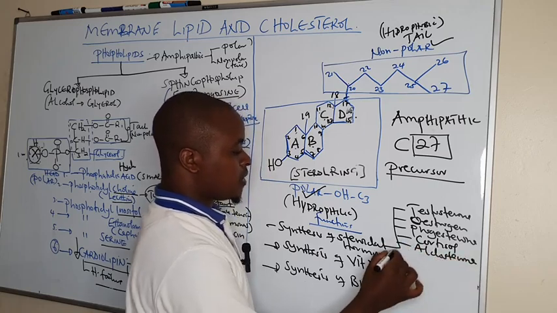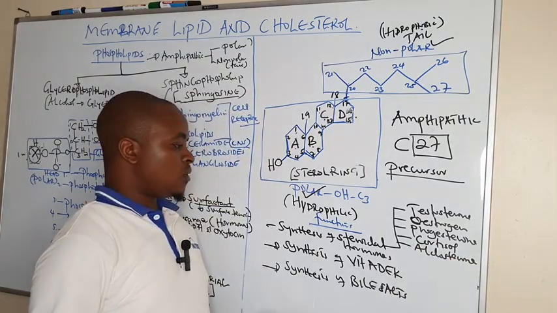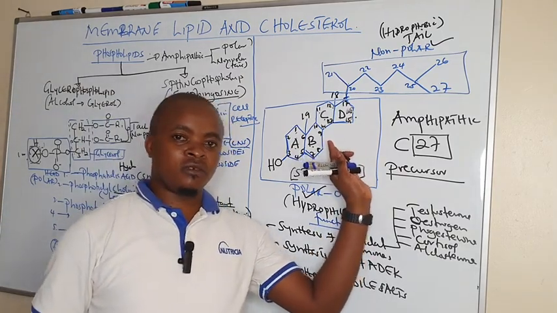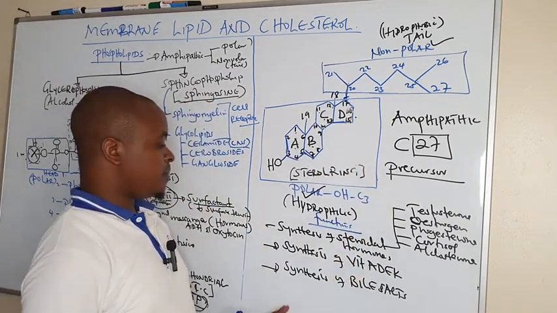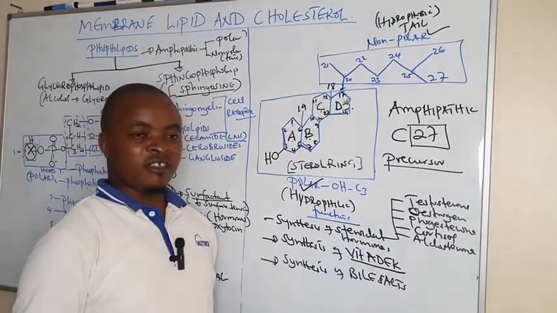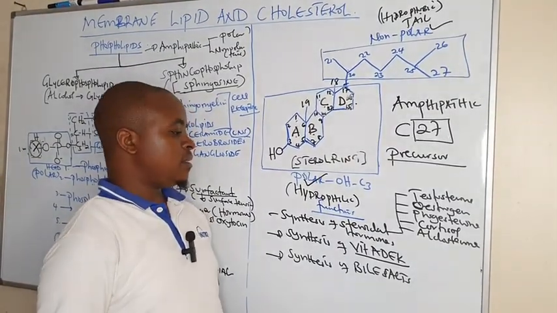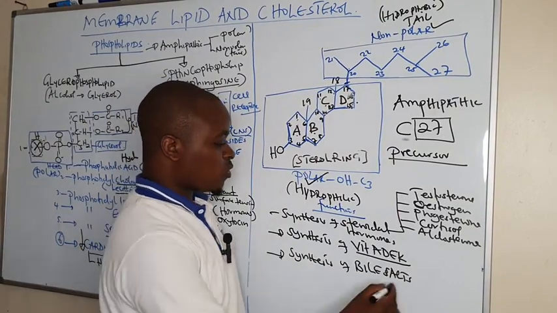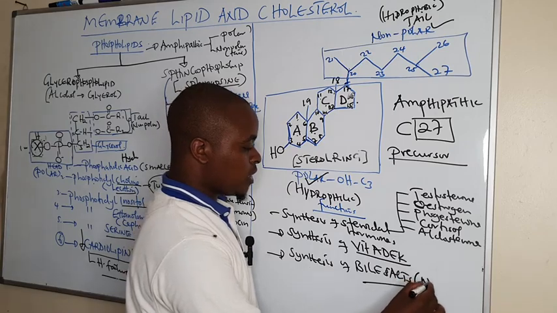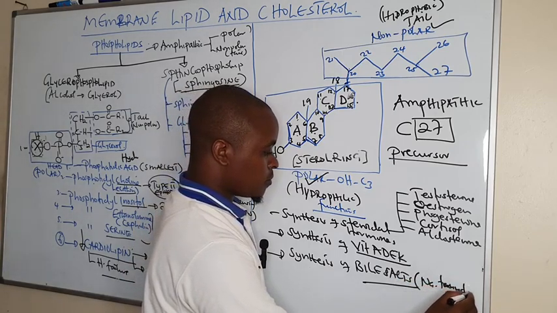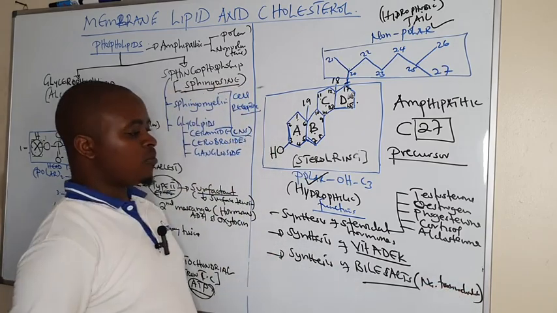All these are steroid hormones, and they are derived from cholesterol being the precursor. Then also synthesis of vitamin A, vitamin D, vitamin E, and K, which are also derived from cholesterol. Then also bile salts like sodium taurocholate. All these are derived from cholesterol.